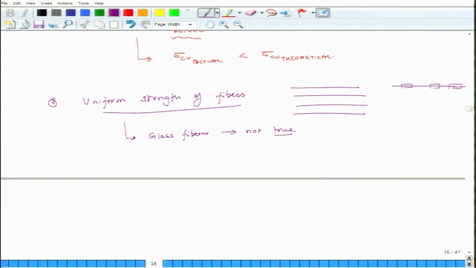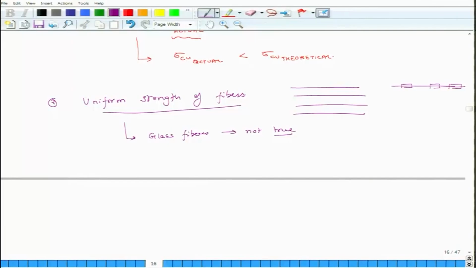There is a significant statistical variation. You take 20 different fibers, there are a lot of imperfections in glass fibers, especially because they have high abrasion and that damages the fibers. So, for glass fibers and some other types of fibers, the strength of different fibers may have a significant variation.